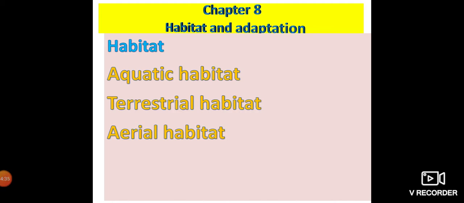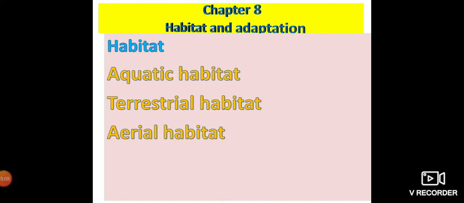That includes physical characteristics, as I told you, like air, water, temperature, and also they live with other organisms. There will be different types of organisms in a particular area, so they live with other plants and animals, and they have to adapt to the particular temperature, etc.